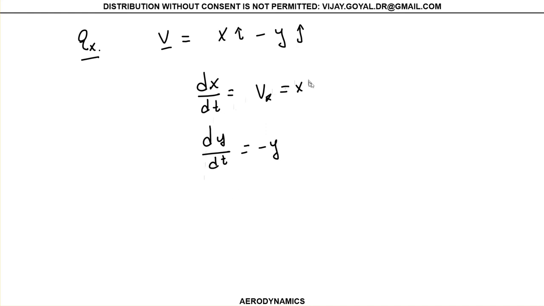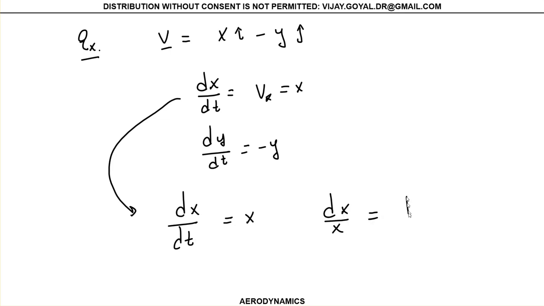If I just deal with the first equation first, I can cross multiply: dx over x equals dt. And here I can integrate from time 0 to t, from the initial position x sub 0 at time 0 to my actual function x of t that I'm looking for.